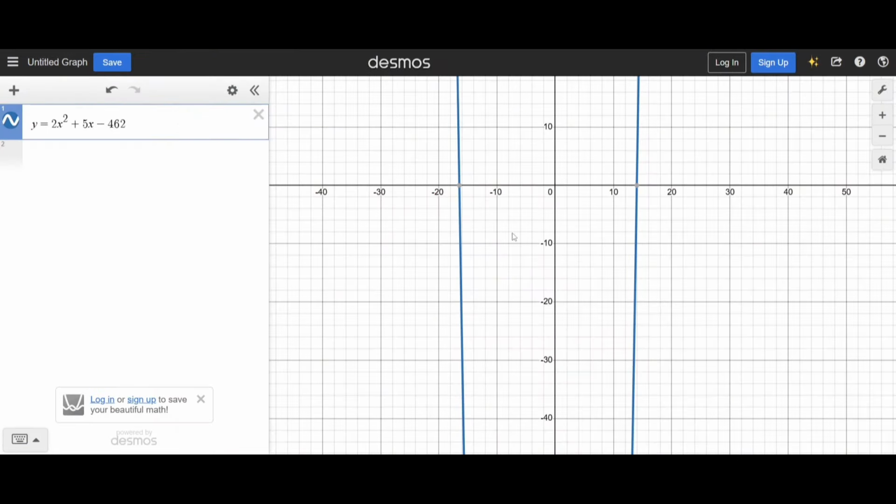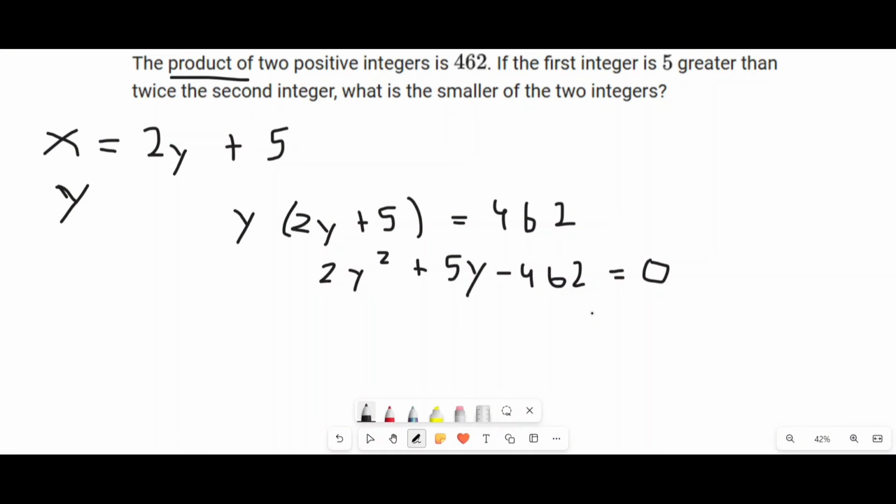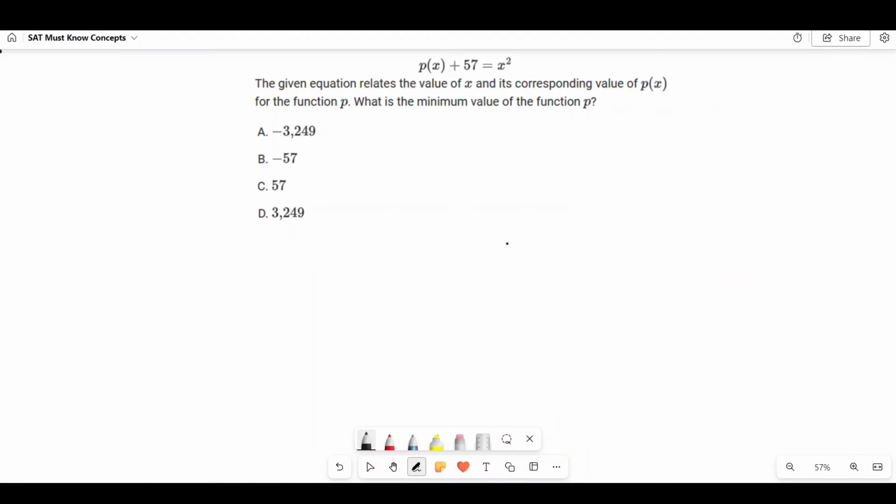If we go on Desmos, which is allowed on the new SAT, we can see that our x-intercepts are at -16.5 and 14. Since we want the smaller one that's positive, remember that -16.5 won't work because it's negative. So we will use the 14. And y cannot equal -16.5. So using that info, that's the answer.